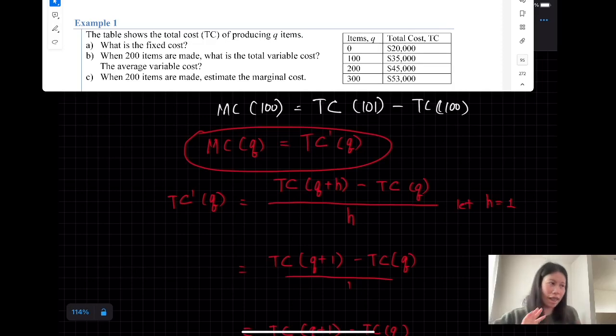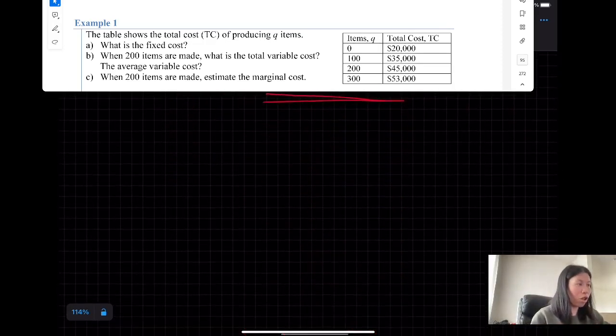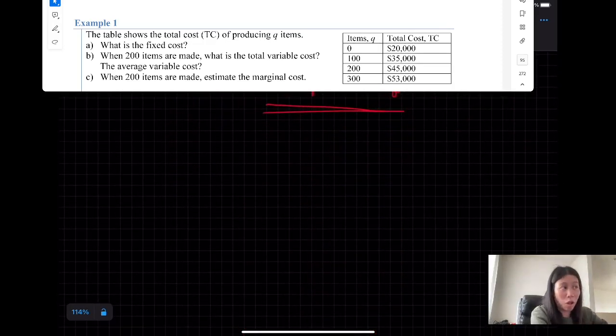So let's take a look at these examples. The table shows the total cost of producing Q items. And what is the fixed cost? Well, if you're producing 0 items, without producing anything, you're still paying, maybe, rent or the workers, 20,000.